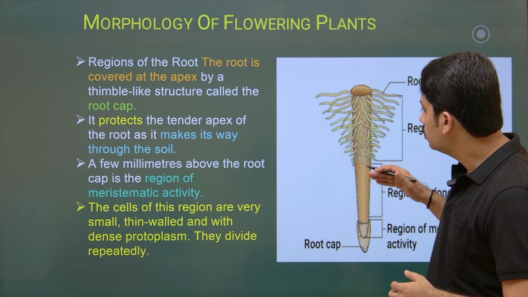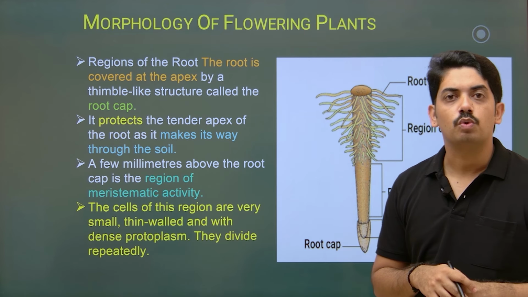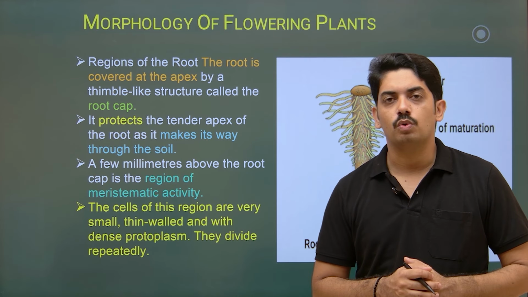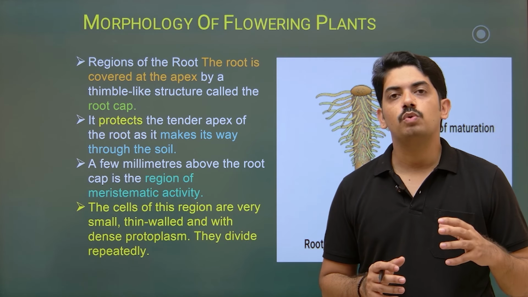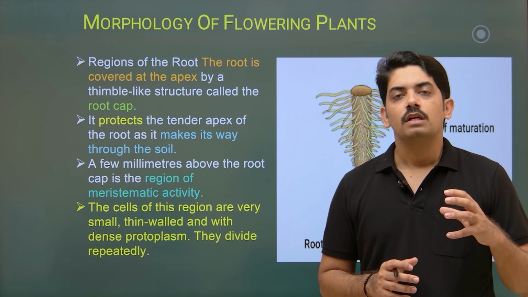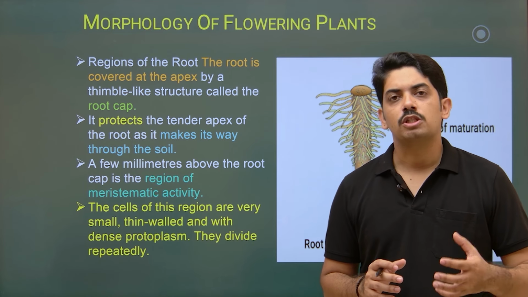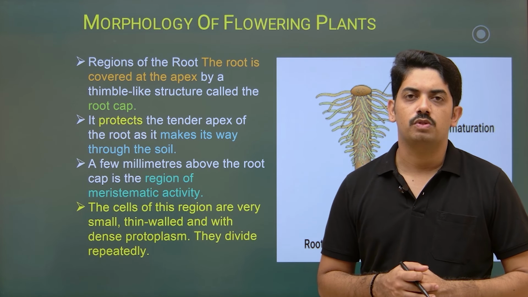Now, proximal to zone of elongation, you observe zone of maturation. So what is the characteristic feature of zone of maturation? Here you observe xylem, phloem and root hairs. The much more differentiated cells are observed here.